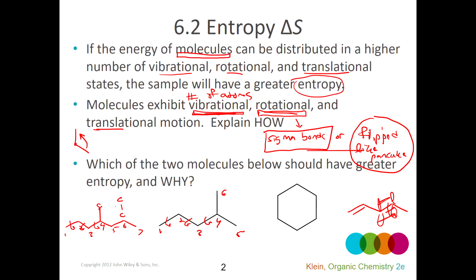What determines the variety of the translational motion? That's determined mostly by the state of matter and in part the temperature, and the temperature actually affects all three of these. So when it comes to temperature, we know temperature represents the average amount of motion.